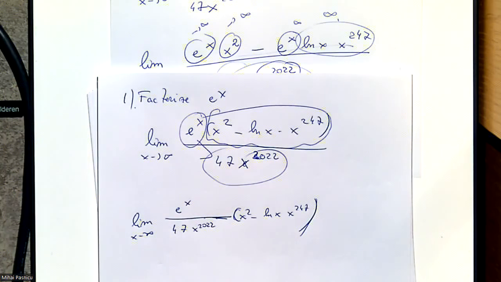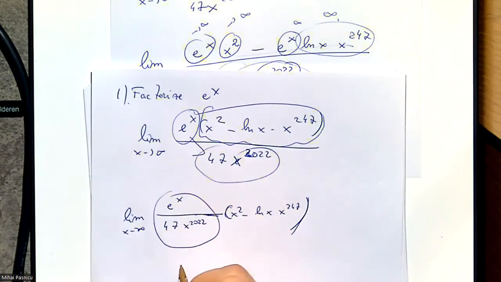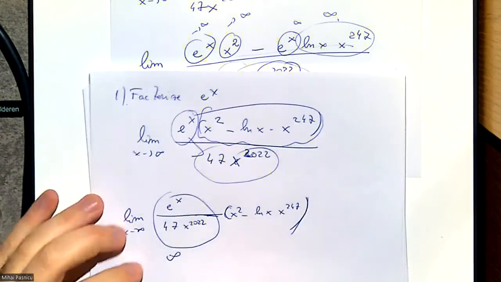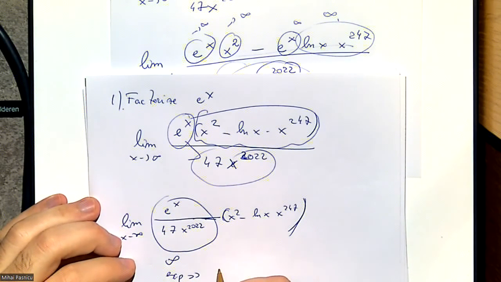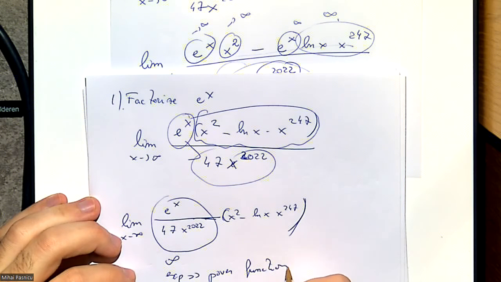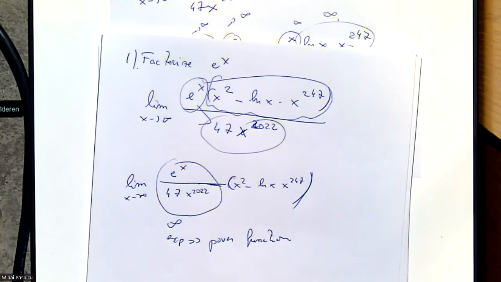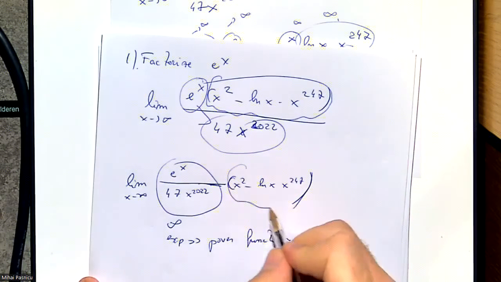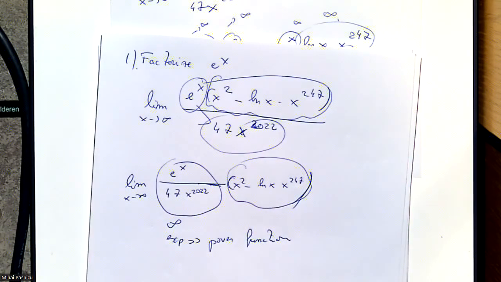Now, the idea is that this thing is always going to be infinity because exponential is much bigger than power function. And now you're basically just stuck to see what this is. In the unfortunate case that it is a zero, we're going to have that conversation some other time, because we need to do something else if this parenthesis is a zero.